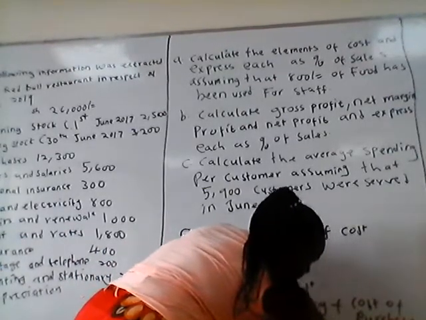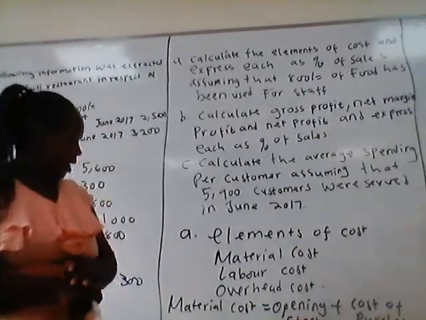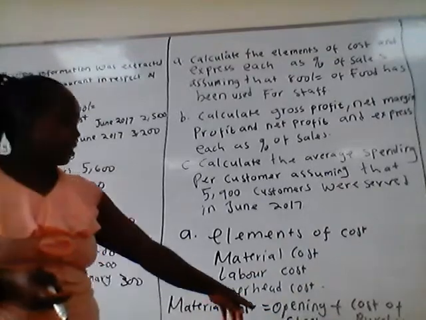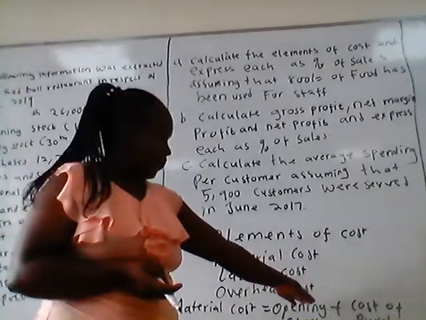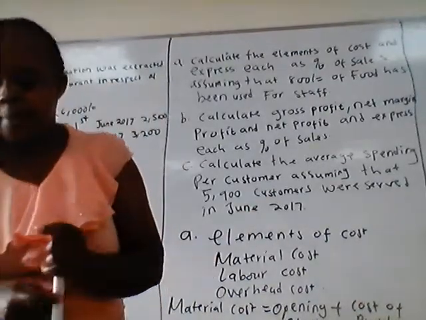And you remember when I was explaining material cost, we said there was an NB, which said the cost of staff meals is deducted in material cost, and also it is added in the labor cost.